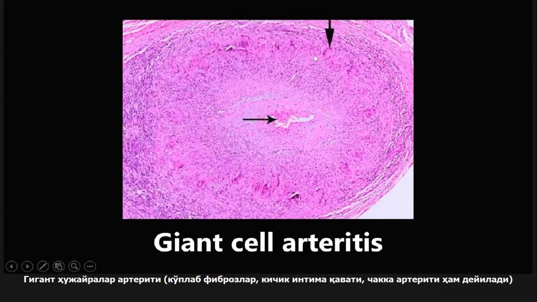You can see, as compared to the other cells around it, it's a lot bigger, and it contains a lot more cytoplasm. So if you see this on histology, looks like an artery, very small intima, but a lot of fibrosis, and you see a couple cells like this one here, or this one here, or this one over here, this is going to be giant cell arteritis, also called temporal arteritis.